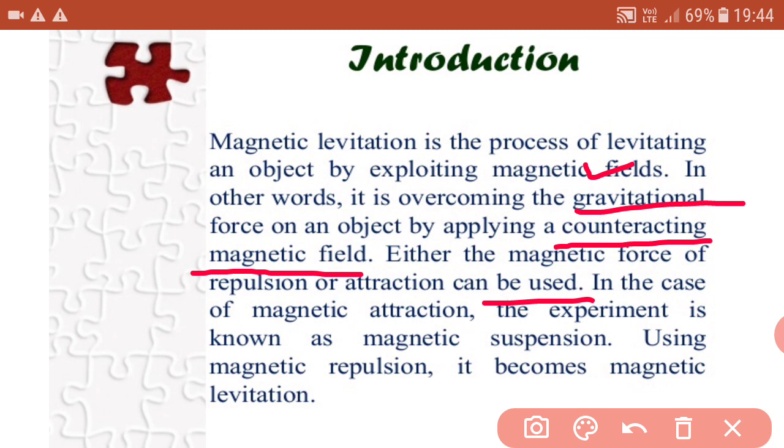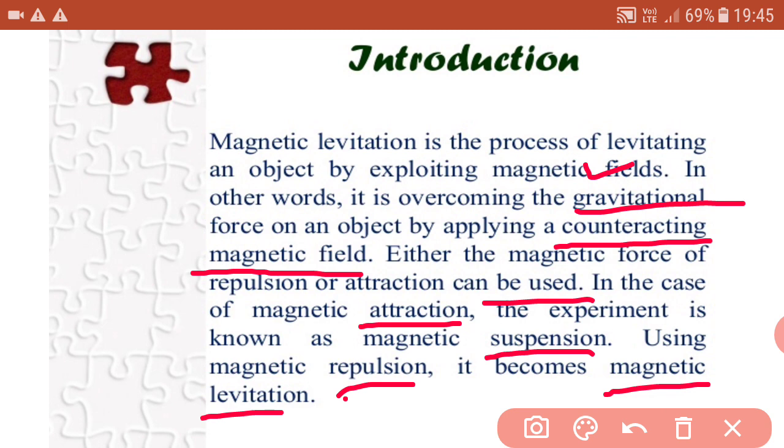Generally repulsion force is used. In the case of magnetic attraction, the experiment is known as magnetic suspension. So in the attraction case, the experiment is known as suspension, and if we are using repulsion, then it becomes magnetic levitation.